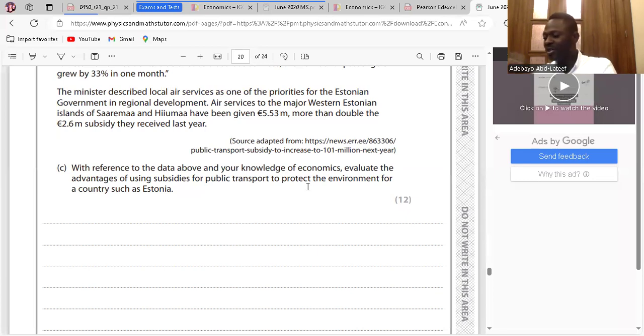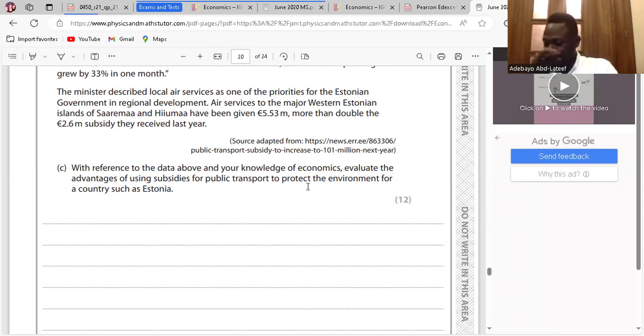Clear? Pollution will reduce, that's an advantage. The amount of subsidy on public transportation also increased by 24.43% between 2018 and 2019. That's percentage increase. This is likely to encourage the use of public transportation rather than cars.